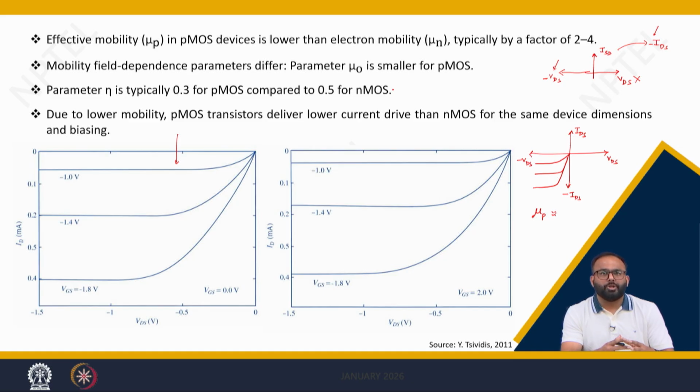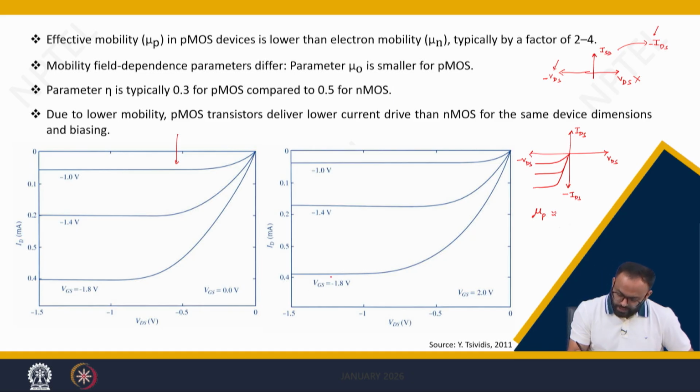Sometimes in simulation you need to include the area factor. We are not going into that aspect, but to maintain a constant current, let us say you are designing a CMOS inverter, you need to include some area factor such that the mobility effect can be counterbalanced, right.